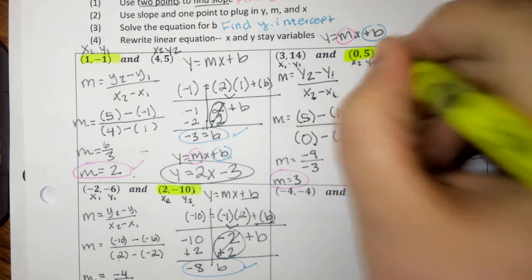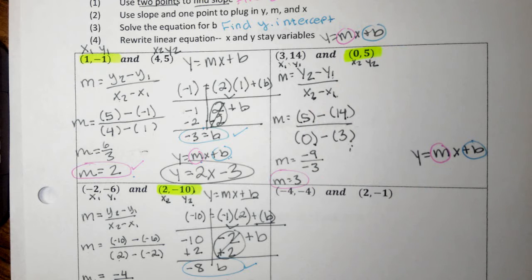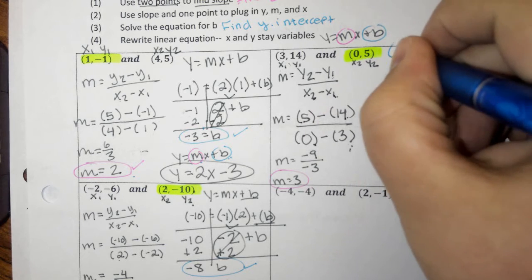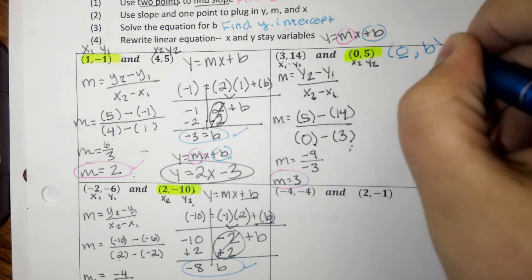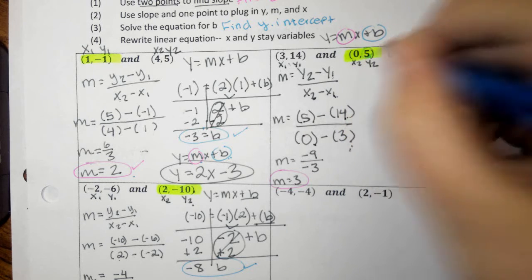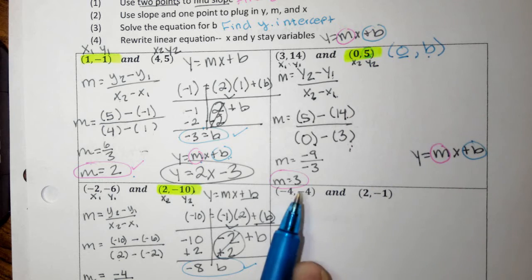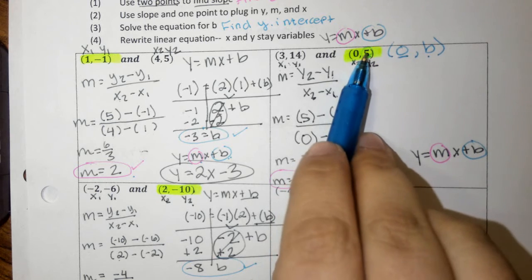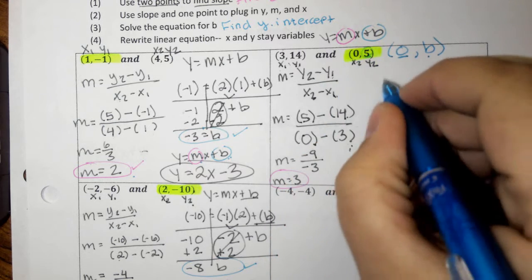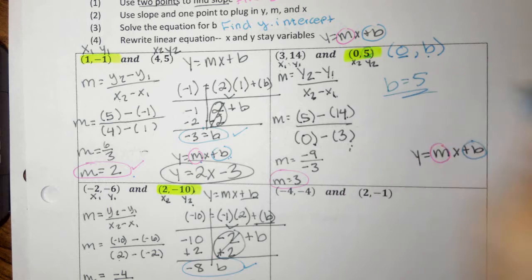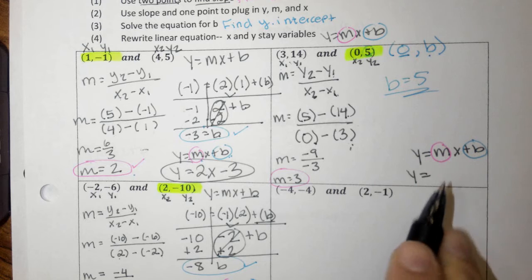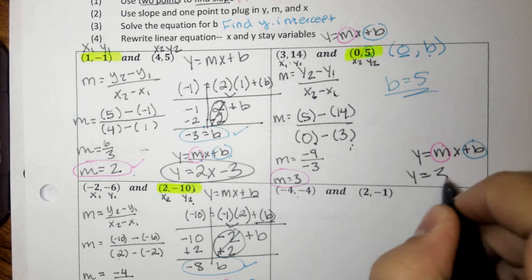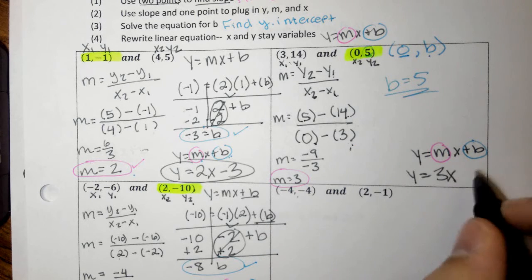I know that this ordered pair is the y-intercept because it has x as 0, which means b is 5. So now that I know m and I know b, I can write the equation. The equation is y equals 3x plus 5.